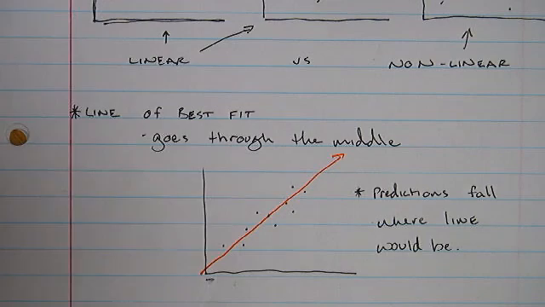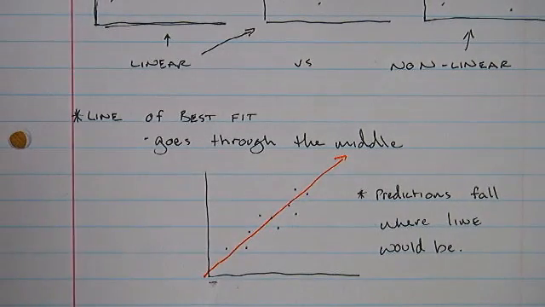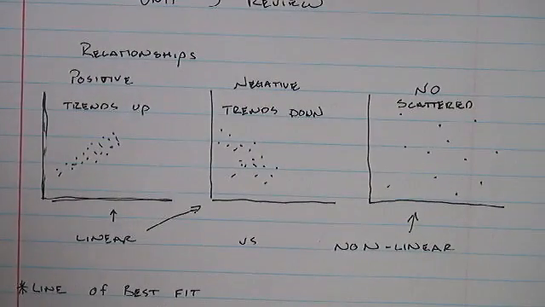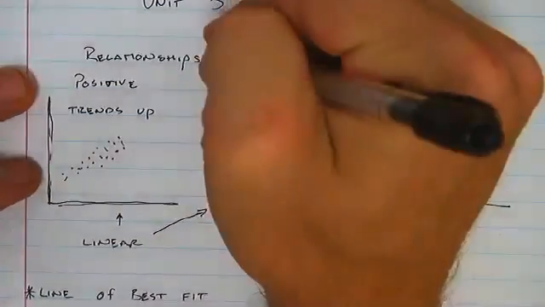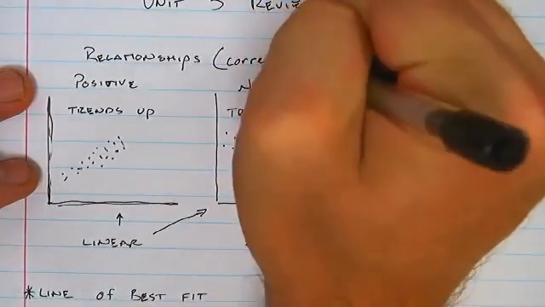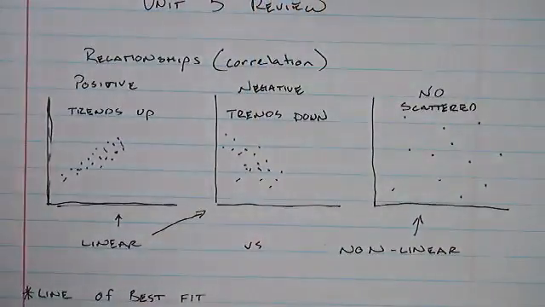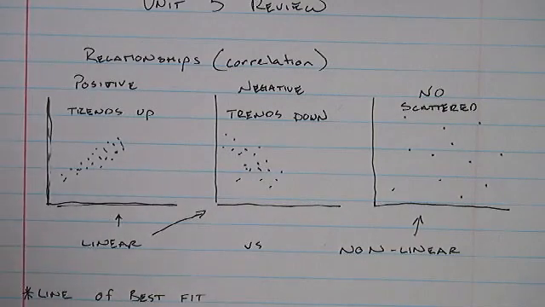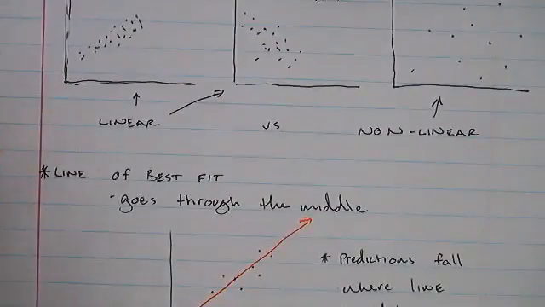And the last thing to talk about is really just MAD. So we've got relationships here. We've got a positive, negative, or no relationship. These are also called correlations, just in case we get some other vocabulary coming at us. That's a correlation where it goes up or goes down.